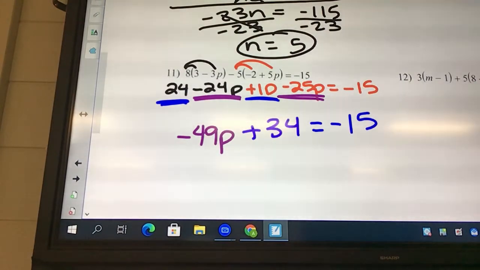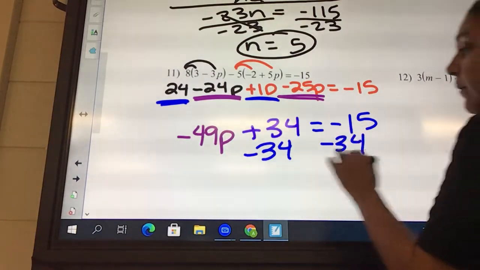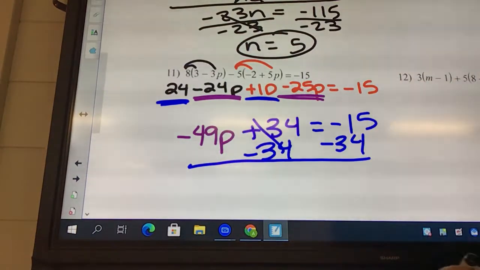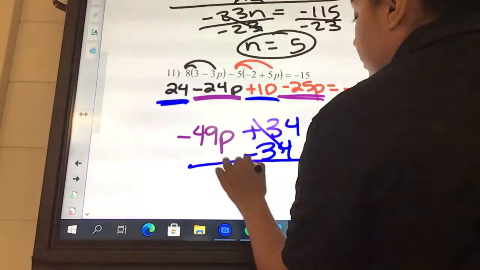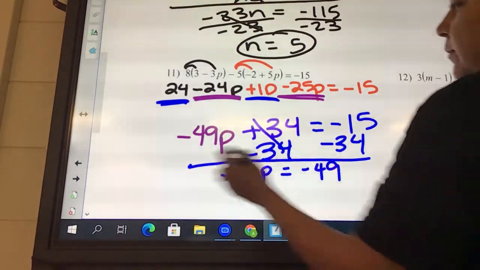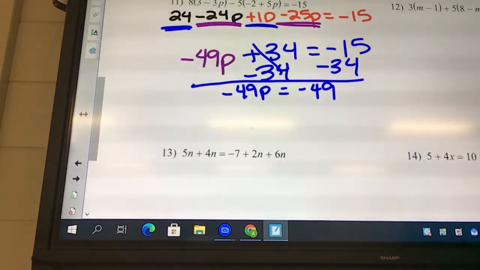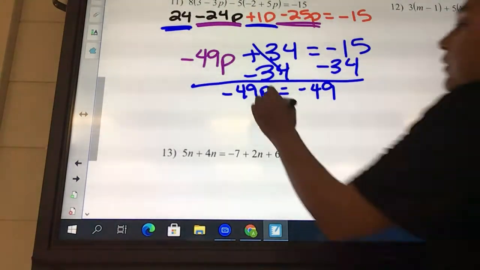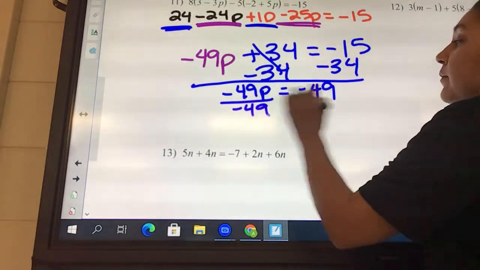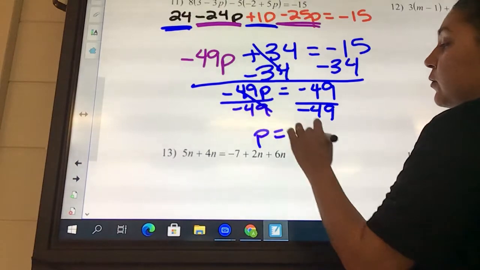Okay, and I'm going to subtract 34 from both sides, and I'm going to get negative 49p equals negative 49. And then our last step is going to be to divide. So I got p equals 1.